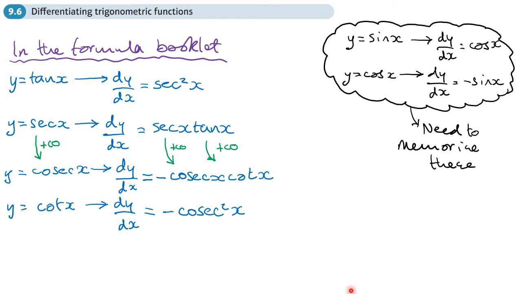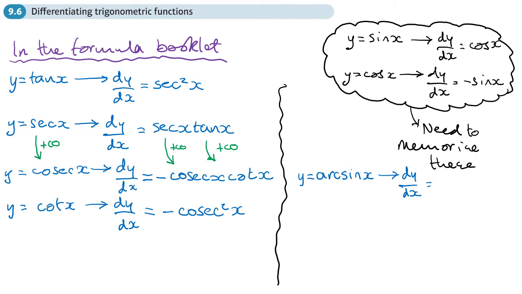There are some other ones that are given in the formula book as well, so let's put them over here, and these are to do with the arc functions, basically like sine inverse, cos inverse, tan inverse. So if we have arc sine and that differentiated, dy dx, need a bit more space here, is going to give you 1 over root 1 minus x squared.